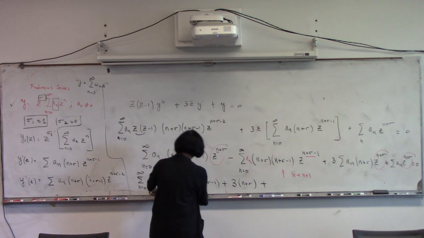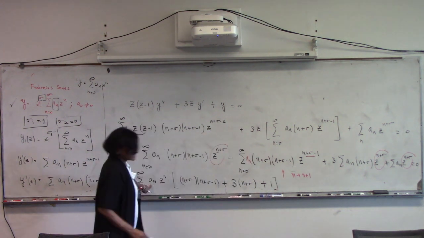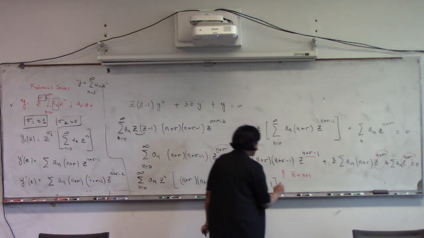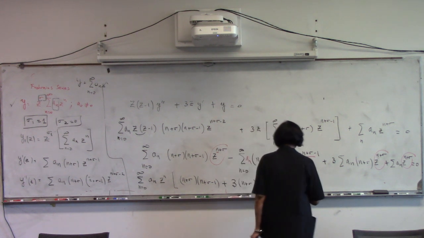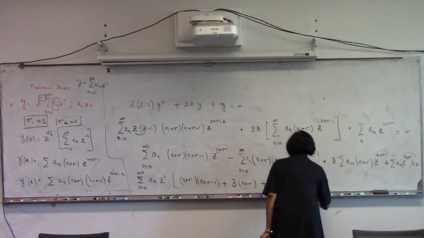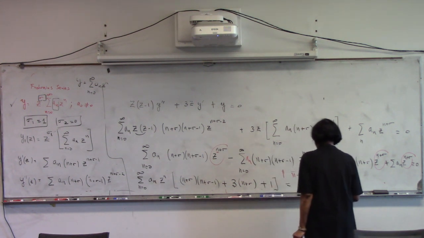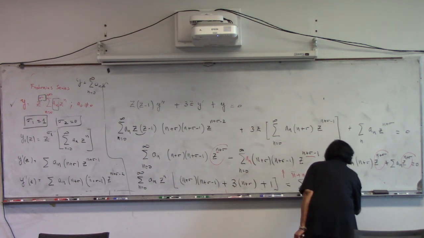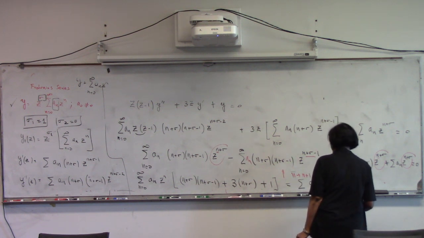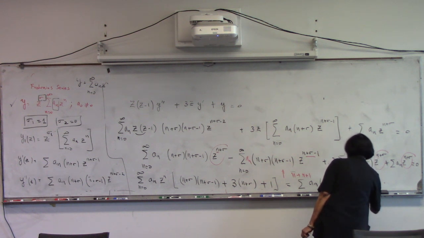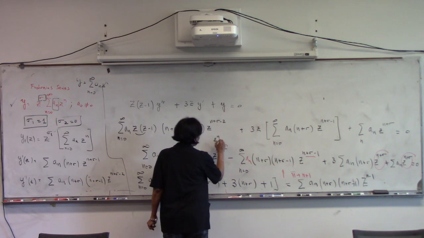A sub n I have taken out, since a sub n is everywhere, right? Can I write it like this? Yes, because a sub n I've taken out. This is equal to nothing but the summation of a sub n plus sigma times n plus sigma minus 1, z to the power n minus 1. All I've done is separated like this.